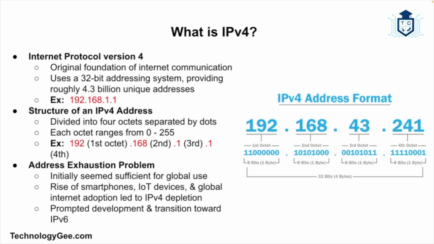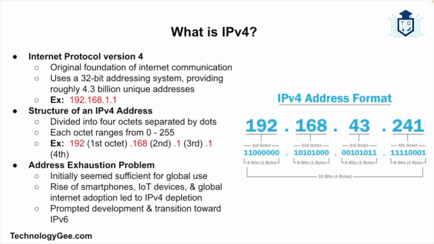All right, so let's talk about IP version 4. Exactly what is it? IP version 4 stands for Internet Protocol version 4, and it's been the backbone of the internet since the beginning. It uses a 32-bit address scheme, which allows for about 4.3 billion unique IP addresses. That seemed like a lot at first, but with the explosion of internet-connected devices, we've essentially run out of IP version 4 addresses.